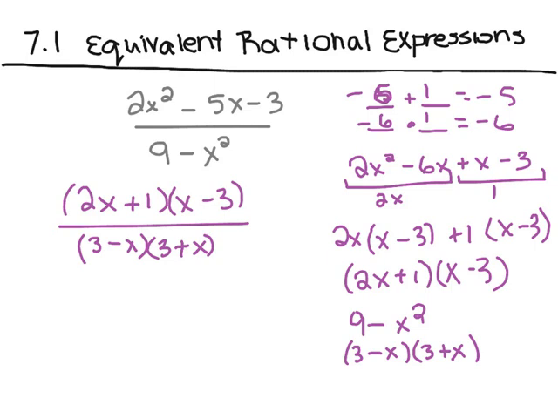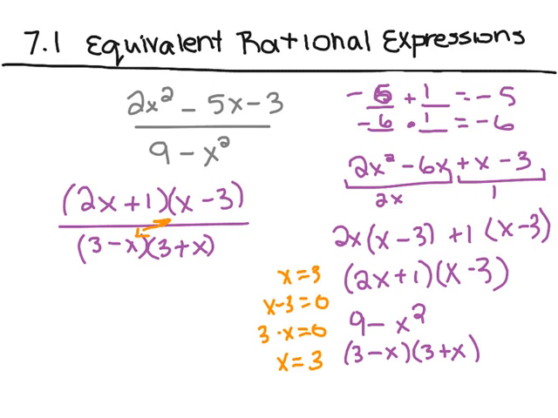Because these two right here are similar, x minus 3 and 3 minus x equals 0, when you solve for them, x is still going to equal 3 for both of them. So they're actually pretty much the same thing. So we can actually cancel them out.